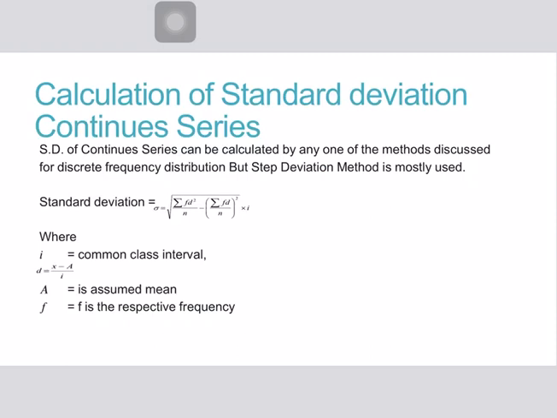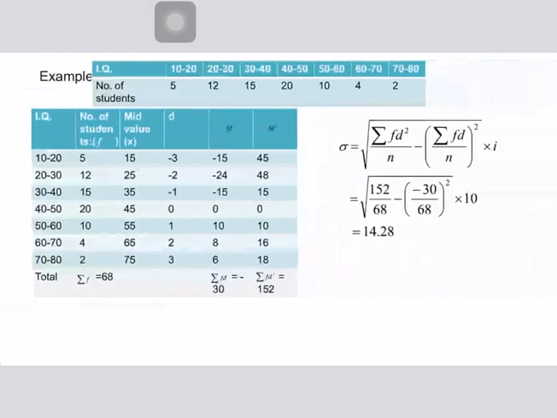Here we are discussing calculation of standard deviation for continuous series. In this formula, i stands for common class interval. A continuous series is given in this question, that is 10 to 20, 20 to 30 and so on. So here we have to calculate mid value, that is column number 3, where mid value equals lower limit plus upper limit divided by 2.